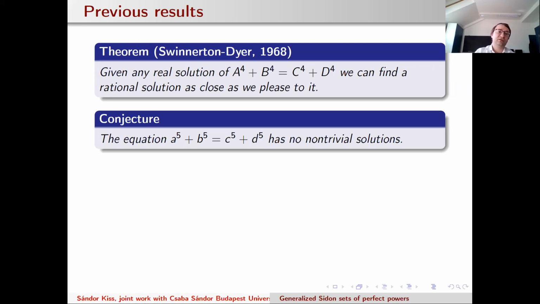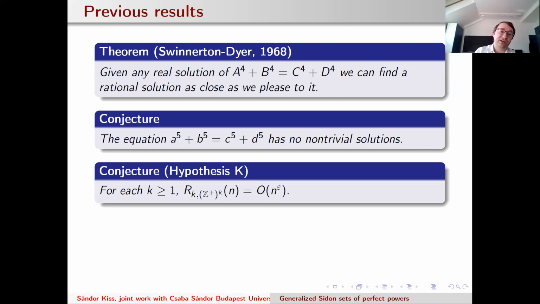But there is another conjecture which is called hypothesis K, and this is due to Hardy and Littlewood. It states that the number of representations of a positive integer n as the sum of k distinct positive k-th powers is bounded by a constant times n to the power of epsilon.